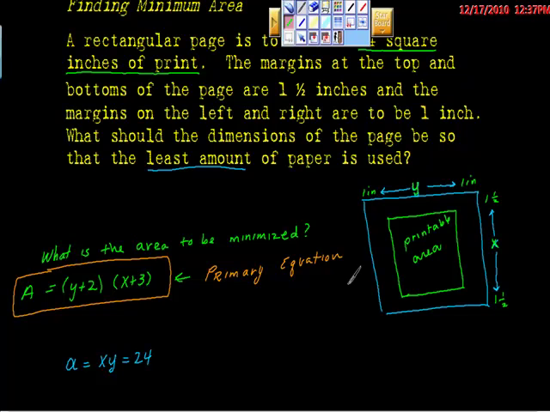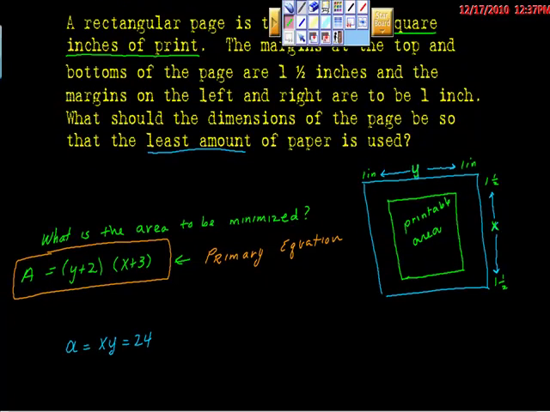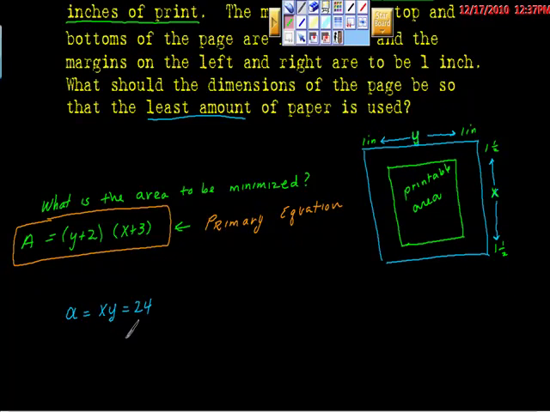But you're right. So this times this has to equal 24, doesn't it? So we go to here and say, okay, xy equals 24. And we're going to label that as our secondary equation. That's our secondary equation there.